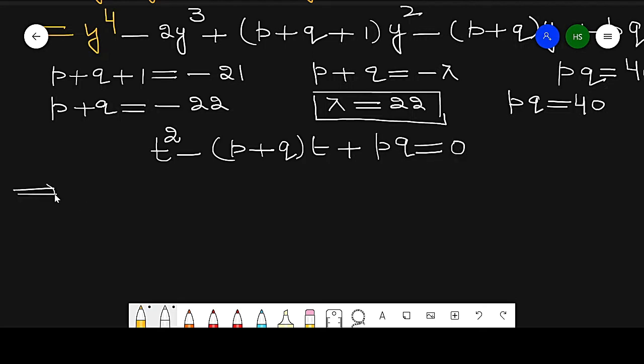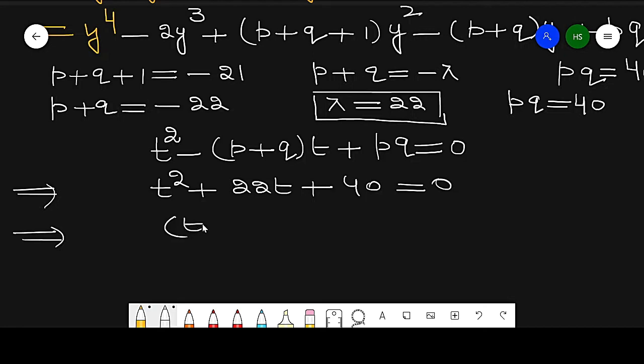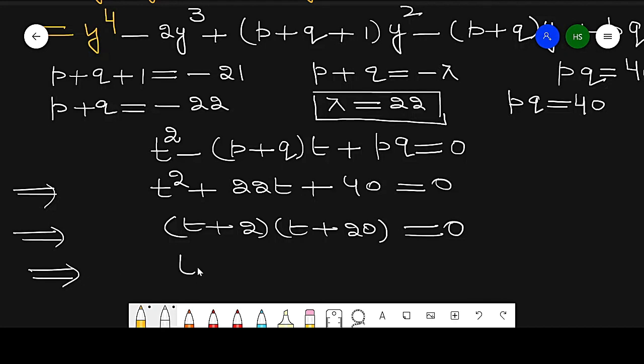So it implies t square plus 22t plus 40 equal to 0. It implies t plus 2 into t plus 20 equal to 0. So t has two values: one is minus 2 and second is minus 20.